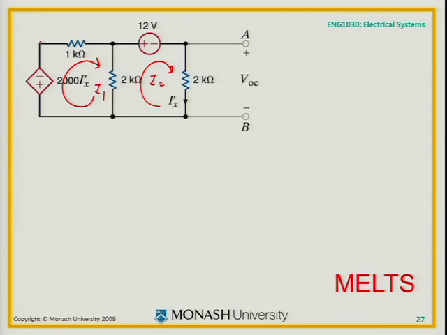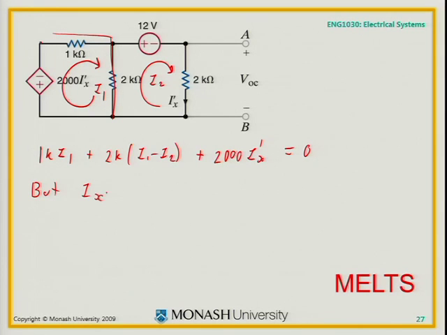If I start up here and go clockwise, I have 1k I1. So that's through there. Plus 2k (I1 minus I2). So now I've gone through there. Plus 2k Ix prime equals 0. But Ix prime equals what?